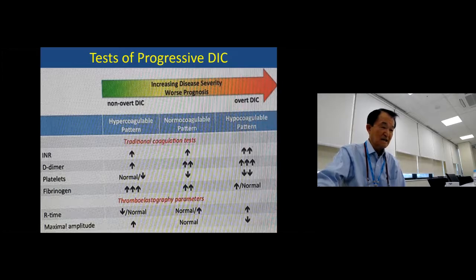And D-dimer, I mentioned, this is a product of fibrin, very high here. And then platelets, obviously very low platelets in this condition. In the early stage of disseminated coagulation, fibrinogen is high.